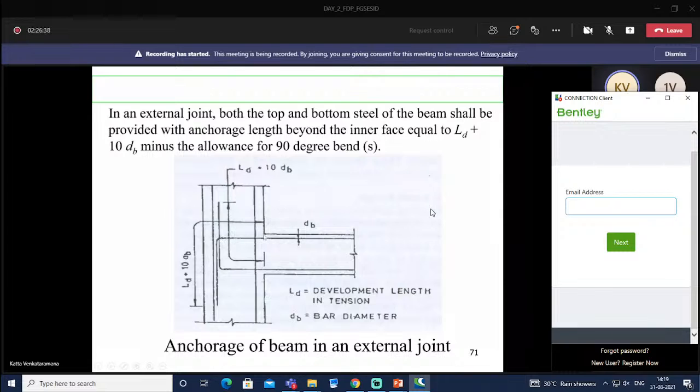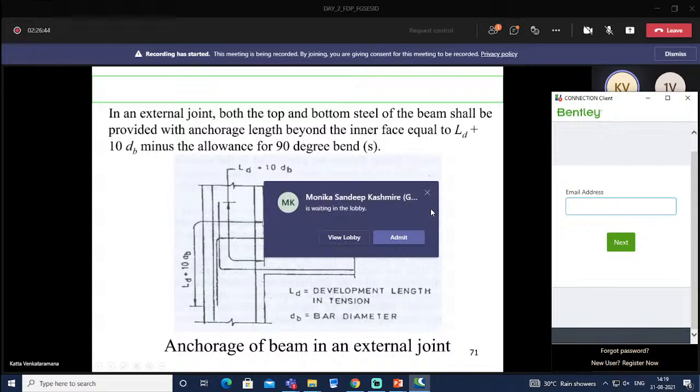So this length here, this is the inner face. So this length will be development length LD plus 10 times the diameter of bar minus the allowance which we provide here for the 90-degree bend. It is the same for bottom bars: development length plus 10 times the bar diameter.